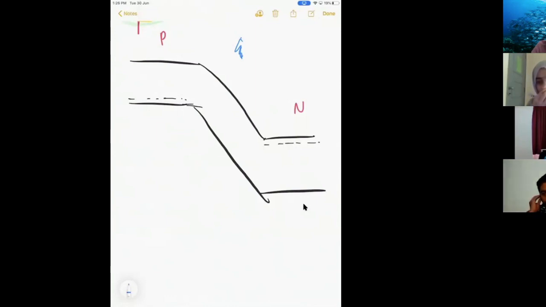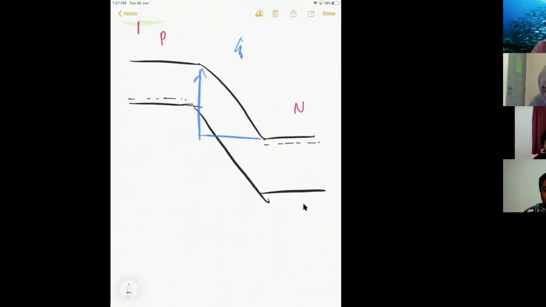Because it's reverse bias, remember we talked about forward and reverse, and the main mechanism in reverse bias is drift. Why drift? How do you get drift? Because of the electric field, right? And what is the electric field? The electric field is the difference of this energy. In reverse bias, the bigger the reverse bias, the bigger the electric field.